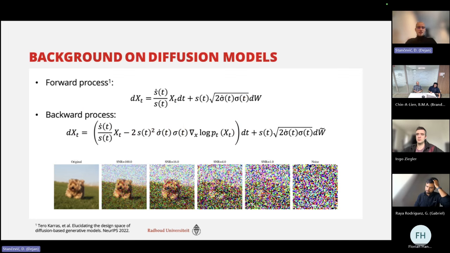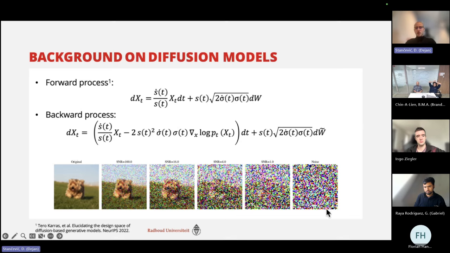So I guess everyone is familiar with this, but I'll just briefly go over it. In diffusion models, we have a forward process, which is a stochastic differential equation, and the goal is, given a clean image, to add noise, so we get some noise that we can easily sample from. That process of addition of noise is governed by this forward stochastic differential equation.